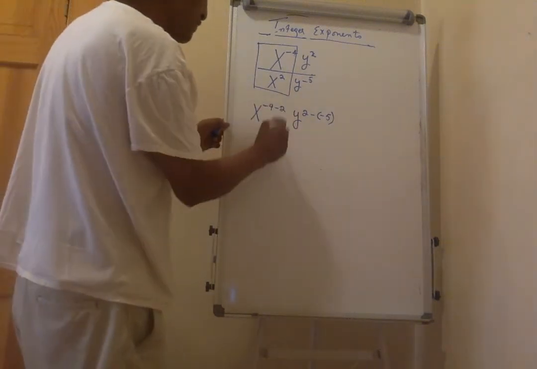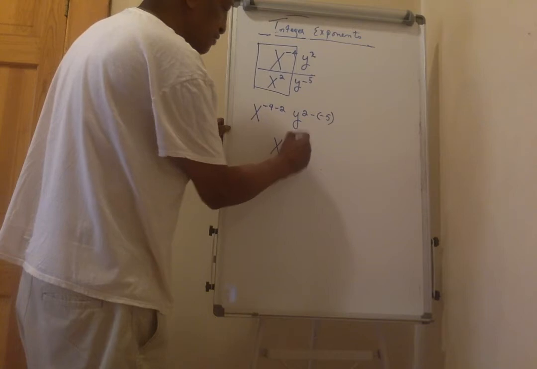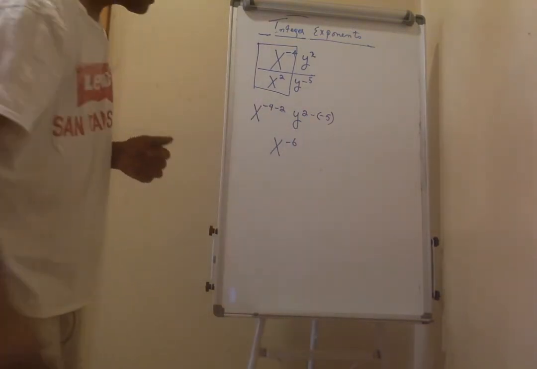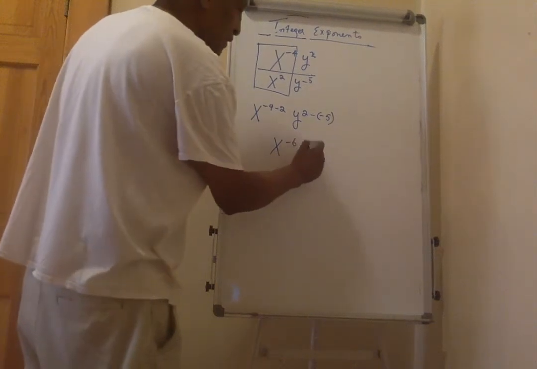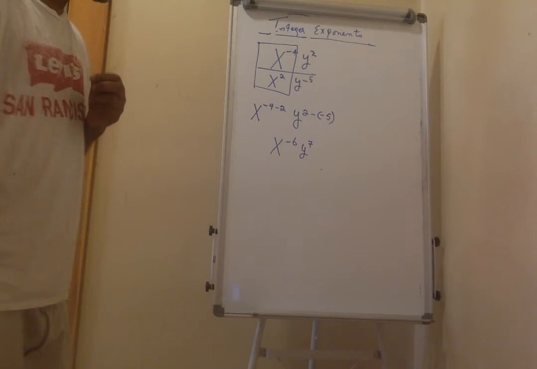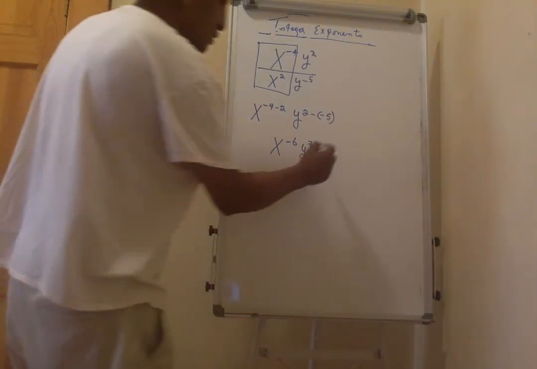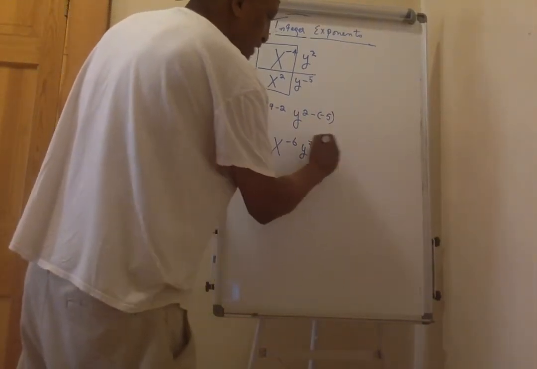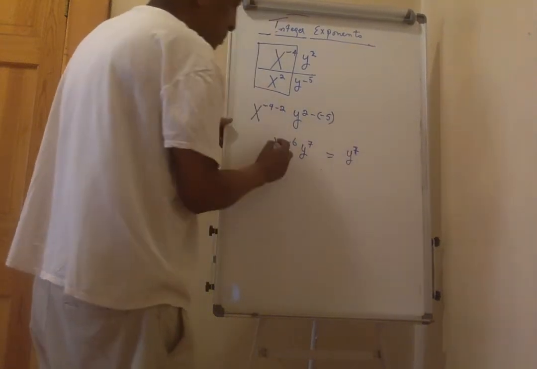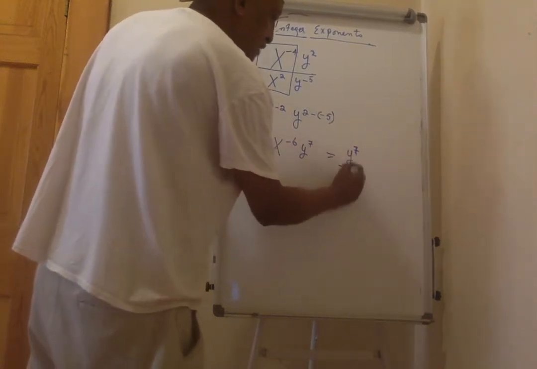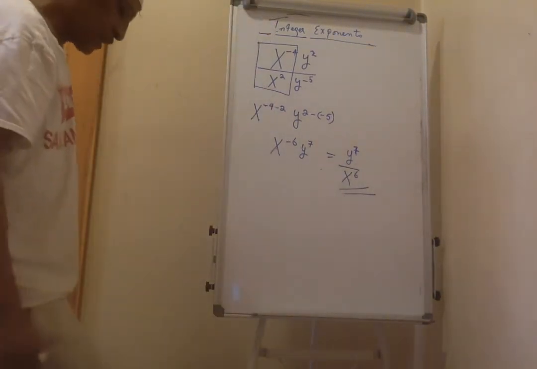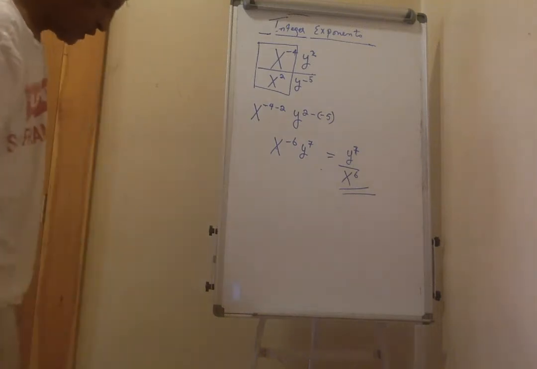Negative 4 minus 2 gives us x to the negative 6. Y to the 2 minus negative 5 gives us y to the 7. Again, we cannot leave a negative exponent as an answer, so y to the 7 stays where it is, but x to the negative 6 comes down, which makes this y to the 7 x to the 6. Okay.